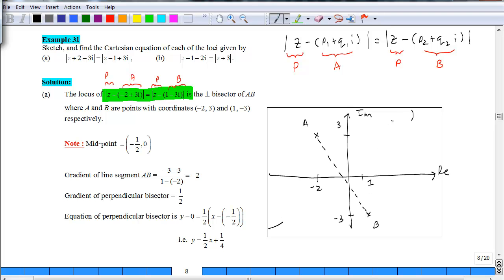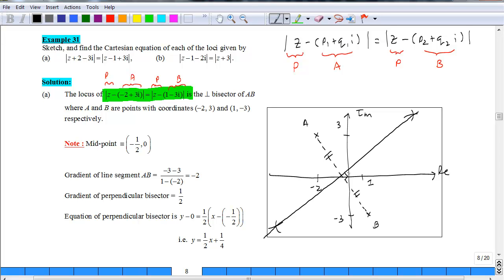Then from the point B, you mark another 2 lines, and from there you are actually bisecting this line segment AB, and you can form the line. Right, and you know that this distance is the same, and this is 90 degrees. So the locus of the complex number z is represented by all the points on the line.